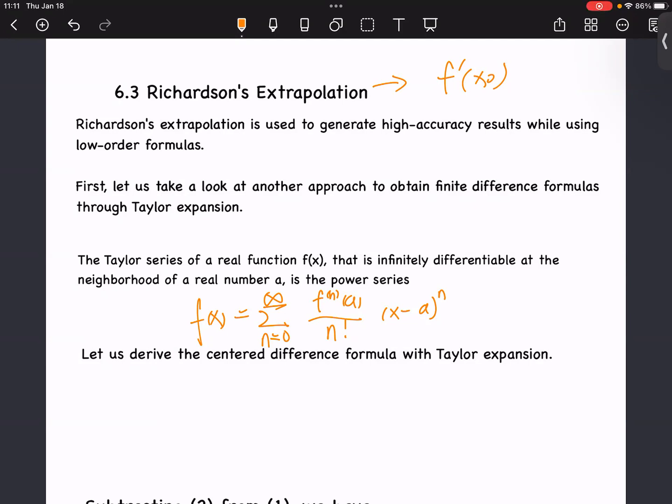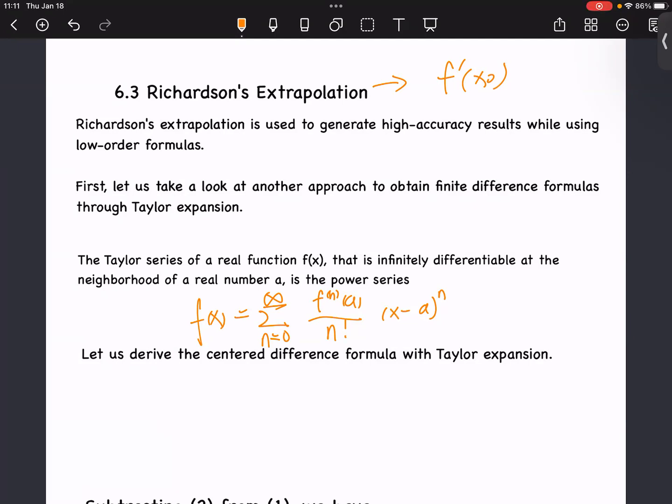And so now let us derive the center difference formulas with the Taylor expansion. In previous classes, we derived the center difference formula with Newton's form. Today we are going to use the Taylor expansions to derive the center difference formula again.